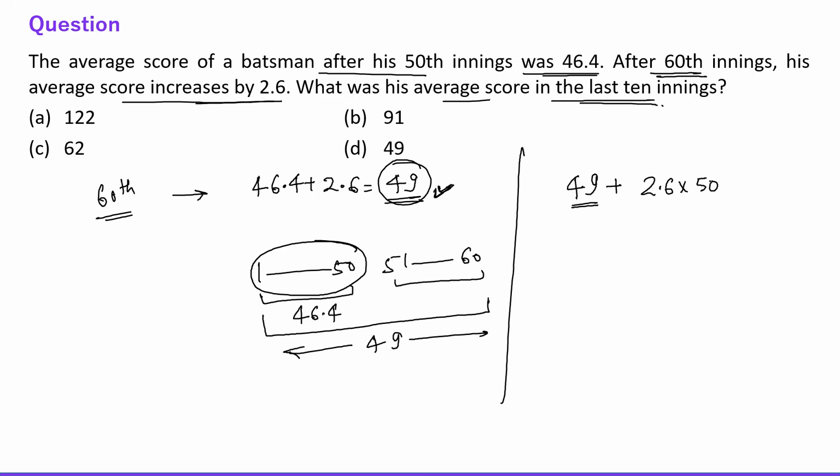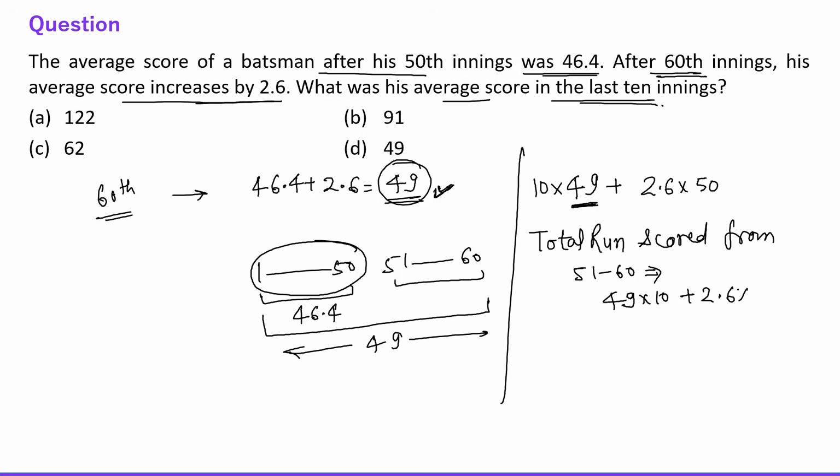And he has scored his 49 for these 10 innings. So total runs scored from 51 to 60th innings is equal to 49 into 10. Because for these 10 innings he scored 49 plus this much extra, 2.6 into 50. So this is the total.